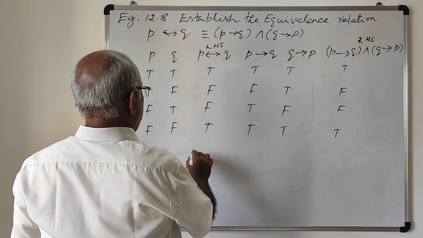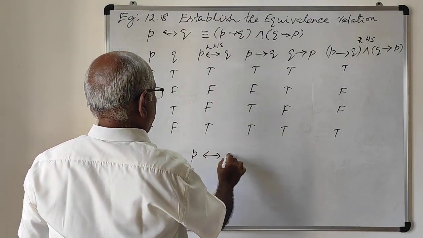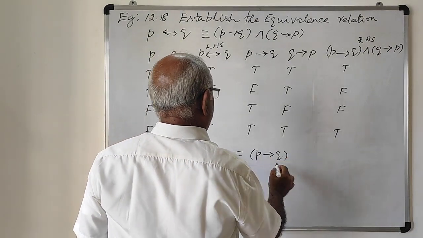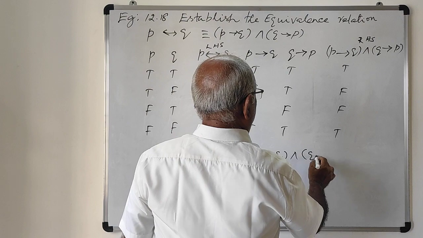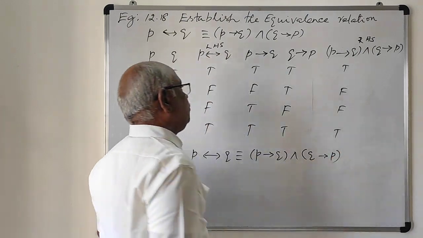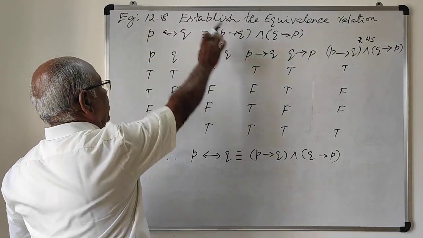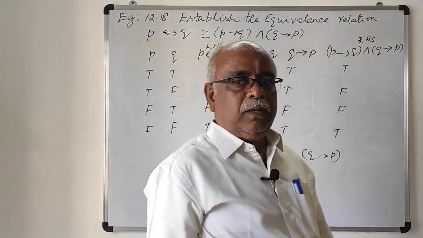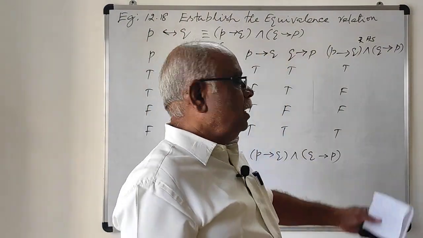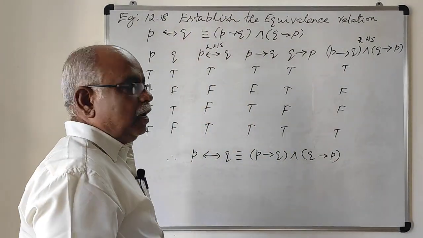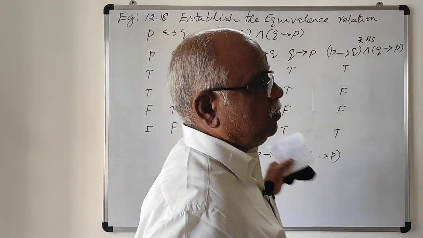Therefore, P if and only if Q is equal to P implies Q conjunction Q implies P is proved. This is example 12.18. These are the examples given in the textbook. That's all about the laws and examples we have discussed.